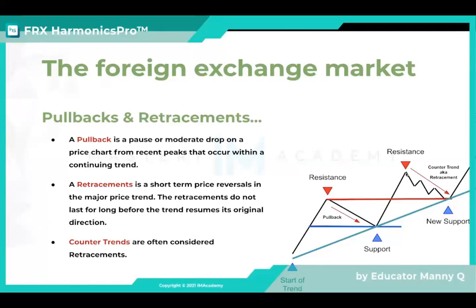So as we can see here, the price is making lower highs, lower lows, pulling back down, whether it's to a new level of support or a trend or whatever it pulls back down to, before eventually stopping and resuming its direction in an uptrend.